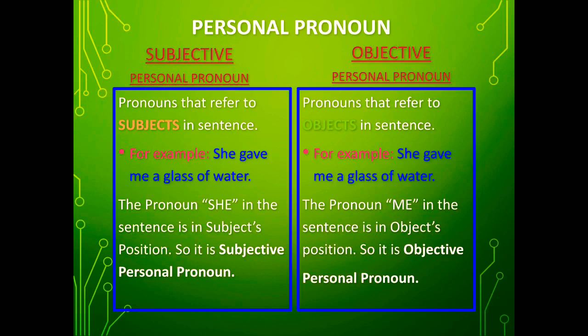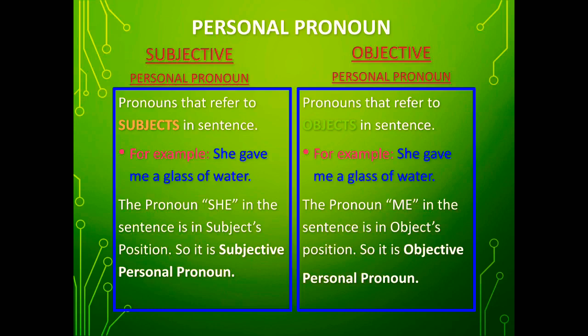From the name of these two types of pronoun, we can understand that pronouns that refer to subjects in a sentence must be subjective personal pronoun, and pronouns that refer to objects in a sentence must be objective personal pronoun.